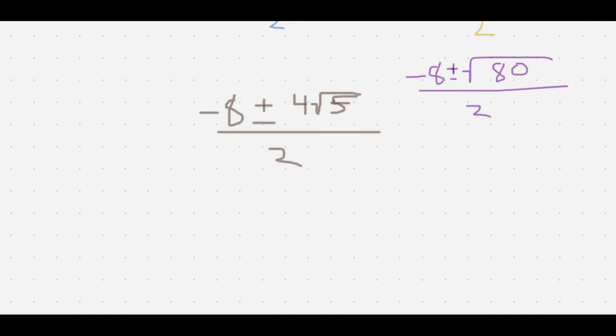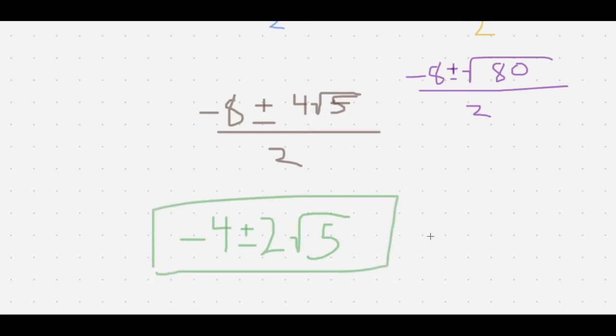And then we can begin to solve. So negative 8 over 2 is negative 4, plus or minus 4 over 2, since that's outside the radical, 2 square root of 5. And this right here is our final answer.